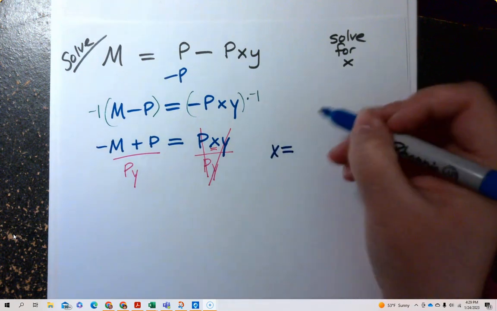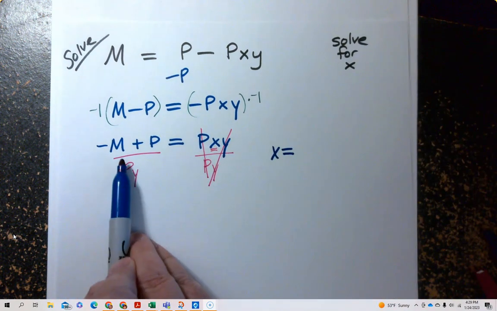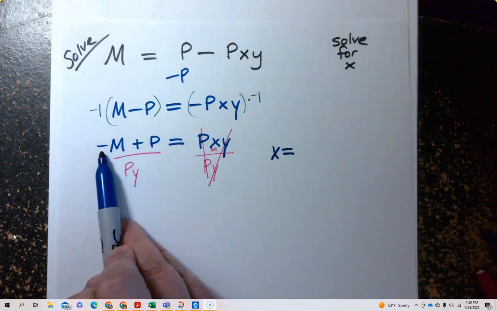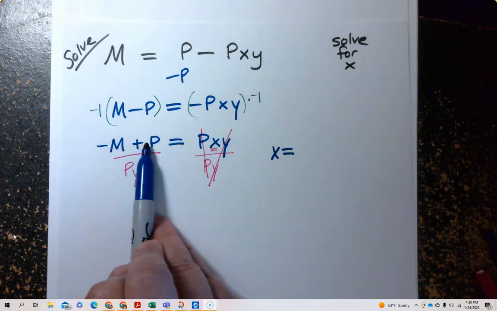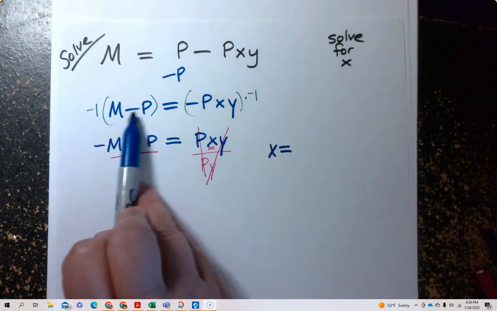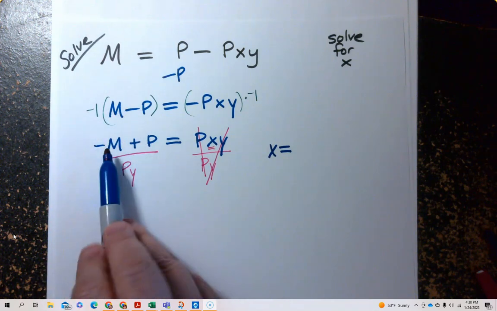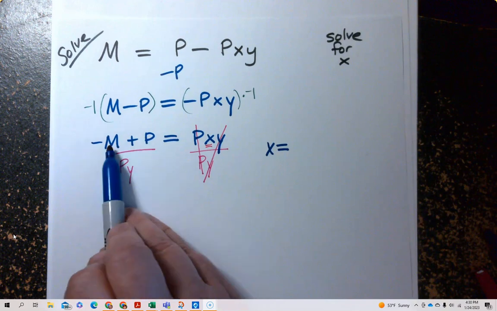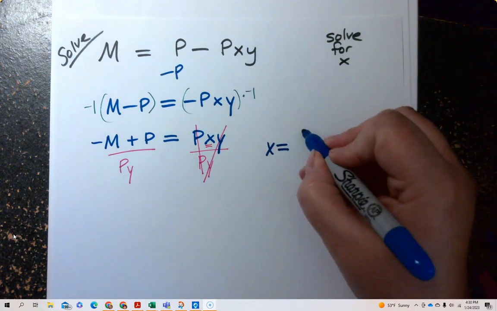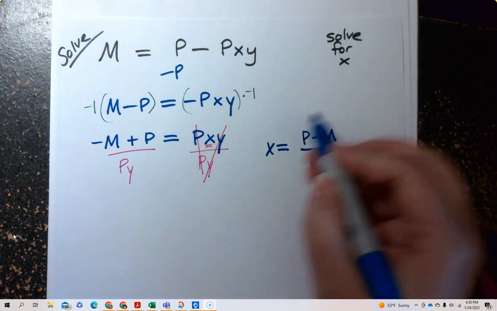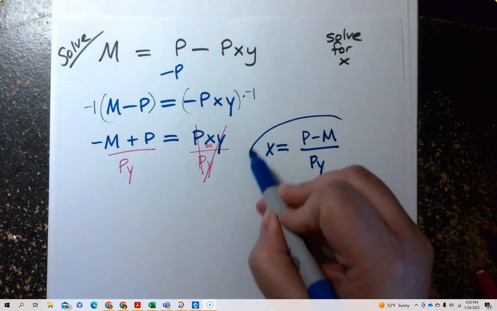X equals, I would probably change the order here, because we don't really like to start with a negative. When I multiply a subtraction expression by -1, I usually just turn around the subtraction. That means p plus -m, or p minus m. So p minus m all over py. And there we go.